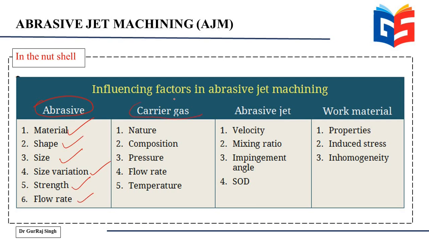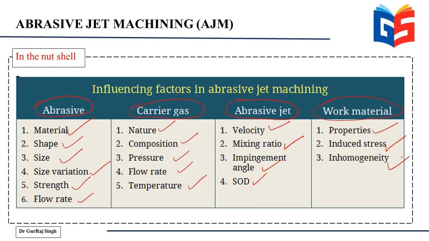When we talk about the carrier gas, you have the nature, the composition, the pressure, the flow rate and the temperature of the carrier gas. When we focus on the abrasive jet, you have the velocity of the jet, the mixing ratio, the impingement angle and the standoff distance. And when we focus on the work material, you have the properties of the work material, the induced stresses and the inhomogeneity.